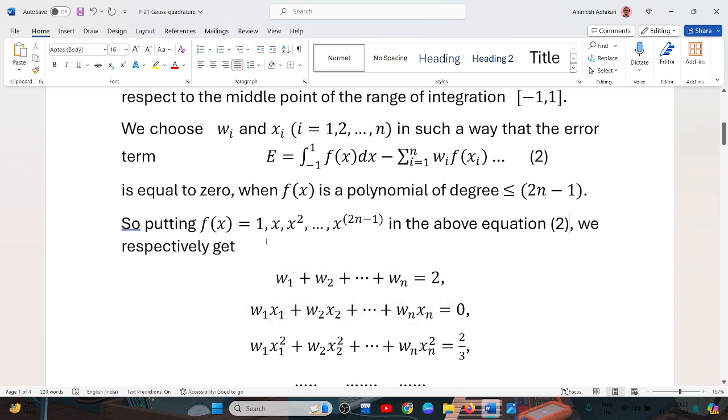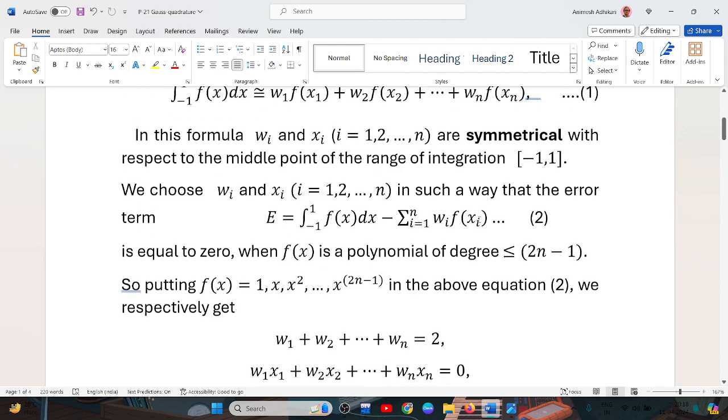And when f(x) equals x, that is when n equal to 1, 2n minus 1 is equal to 1, x to the power 1. When n equal to 2, 2 times 2 minus 1 is 3.